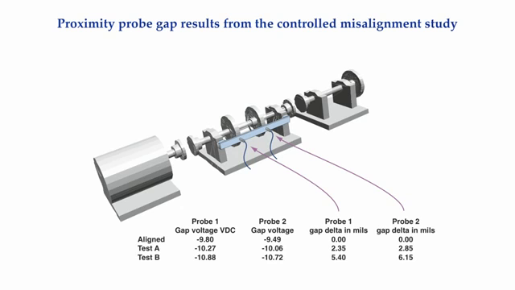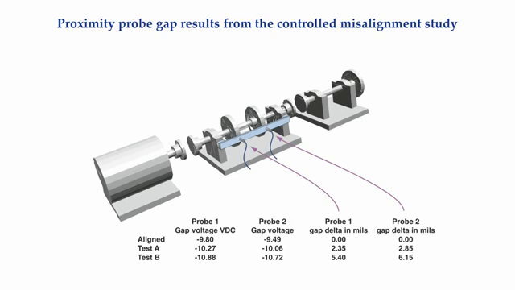For test B, when the center shaft was misaligned laterally 62 mils, the gap voltage at probe 1 increased to minus 10.88 volts DC, and the gap voltage at probe 2 increased to minus 10.72 volts DC.